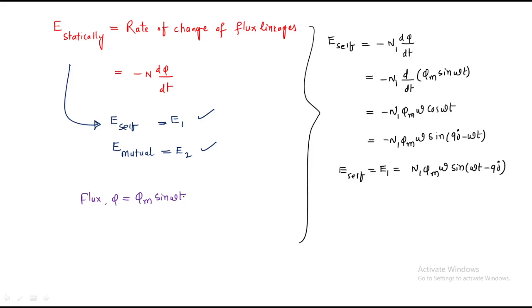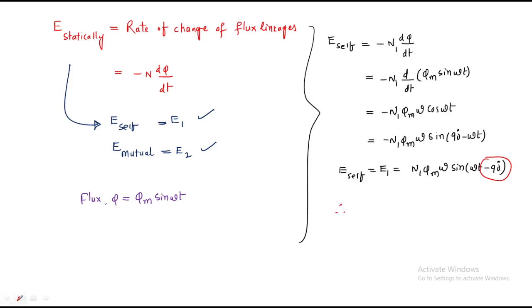So from this, what we have observed? What is the observation? Here the phase angle is what? Minus 90 degrees. That is, EMF lags flux by 90 degrees.